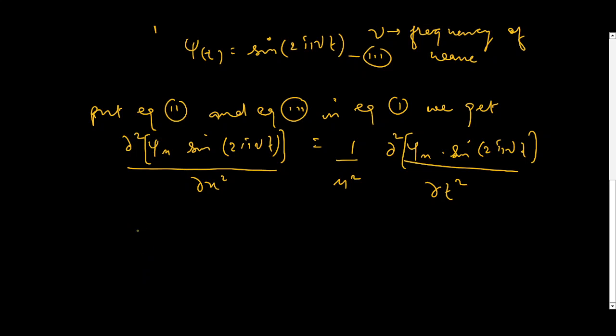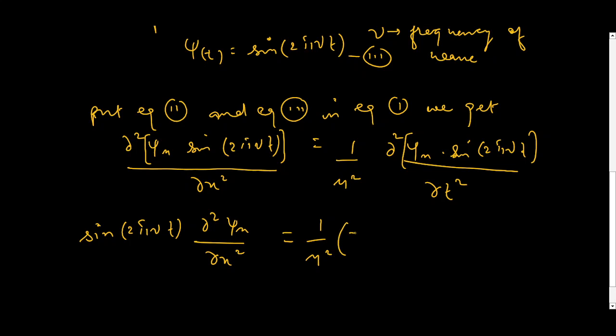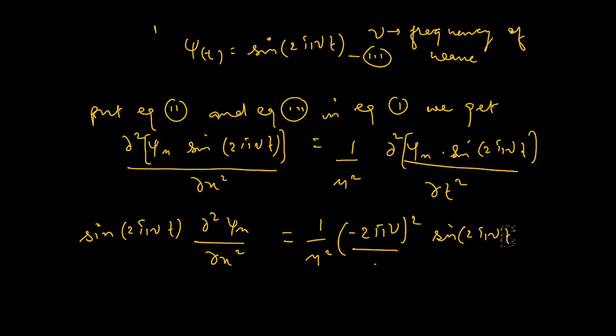Now differentiating this, we will get sine 2 pi nu t dou square xi x upon dou x square is equal to 1 by u square minus of 2 pi nu whole square, sine 2 pi nu t into xi x.